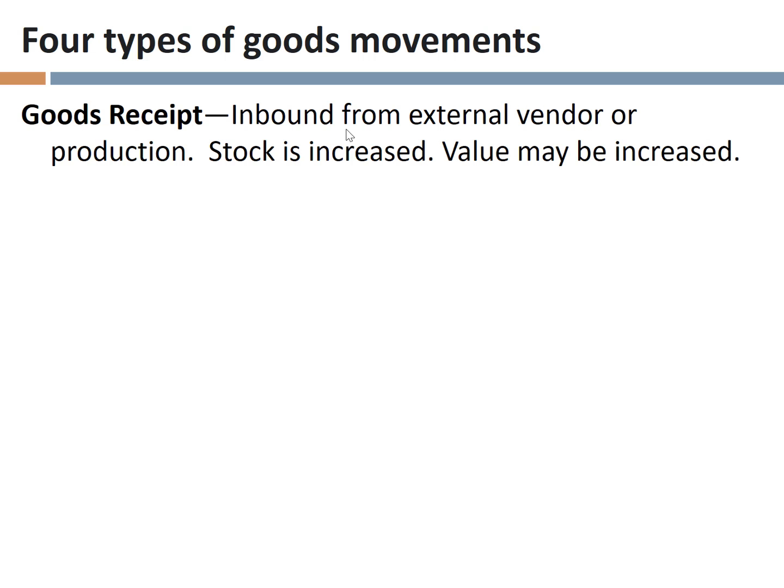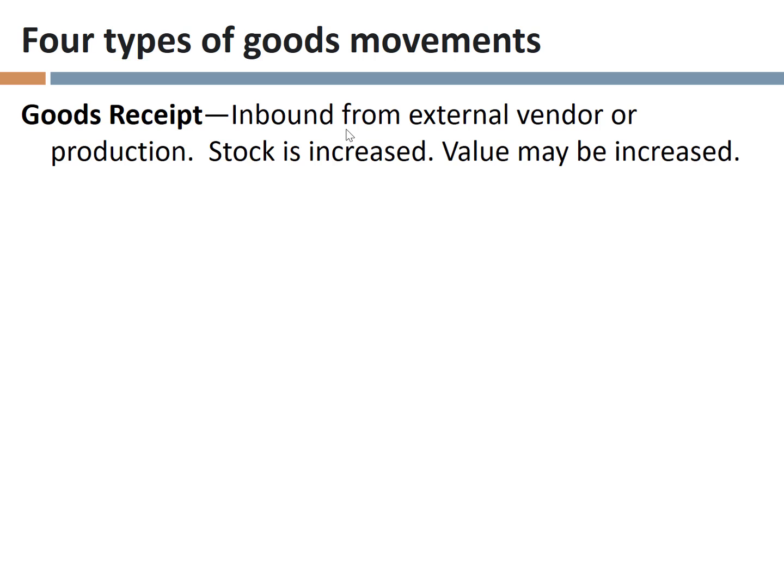A goods receipt is a kind of goods movement. Goods receipt is when we have inbound materials either coming to us from a vendor or coming to us from the production line. And so we now have something we didn't have before. So our stock is increased and our value may be increased.